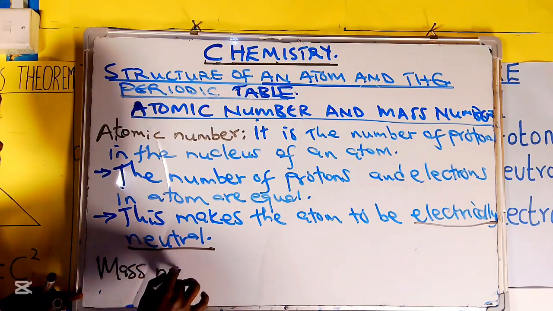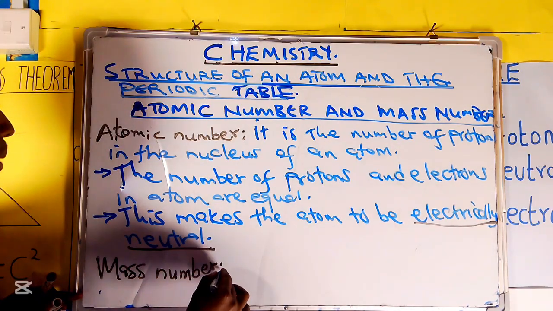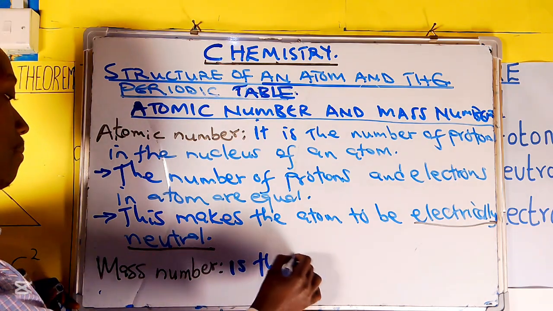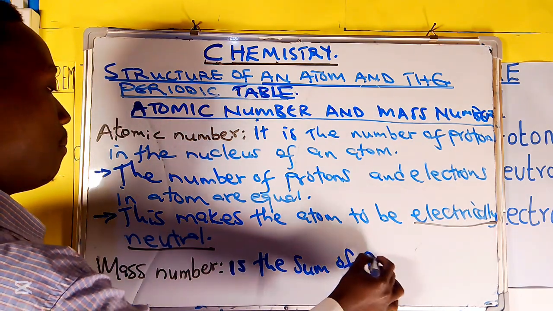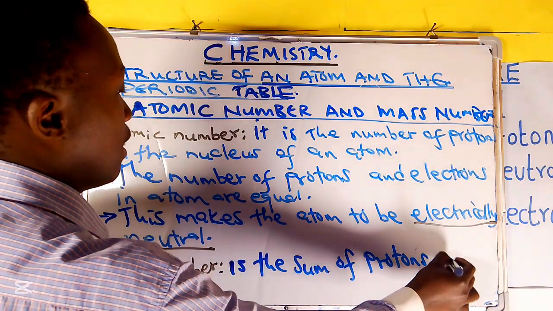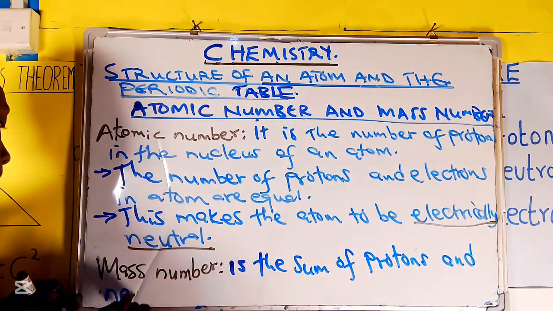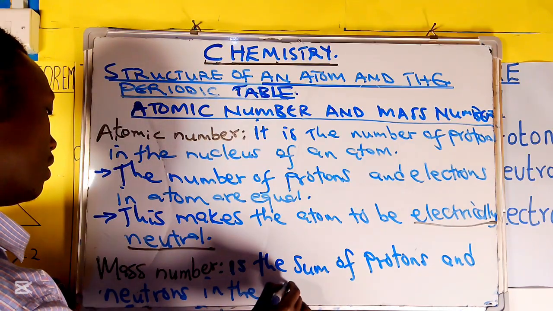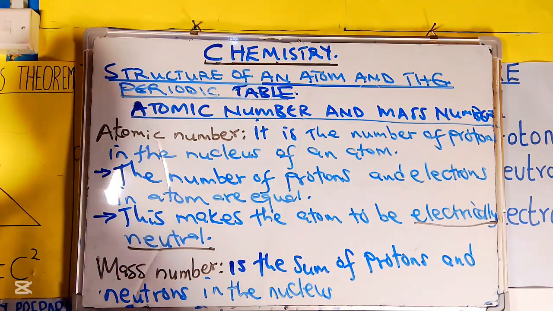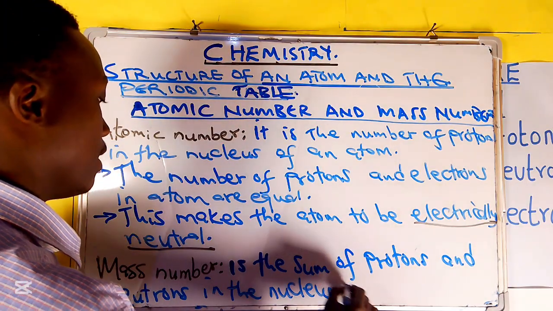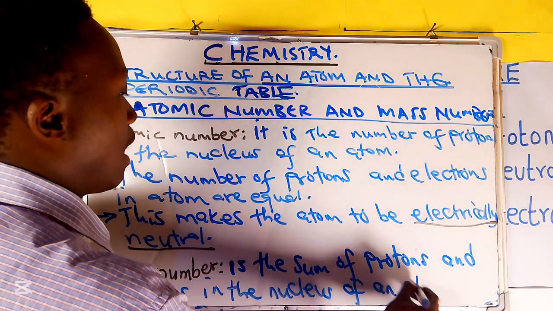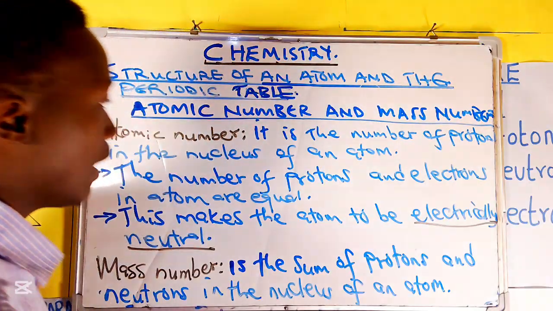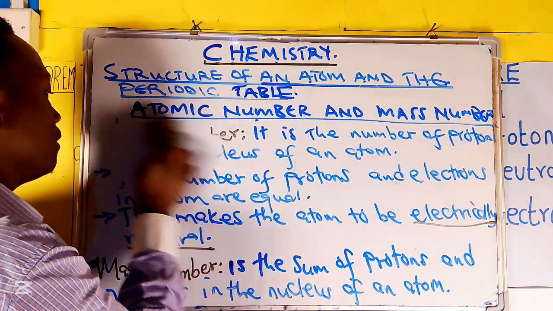Mass number is the sum of protons and neutrons in the nucleus of an atom. So what does that mean?